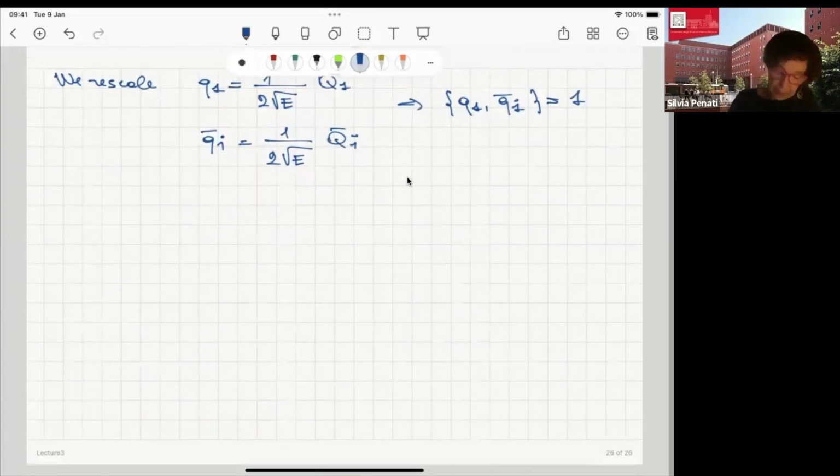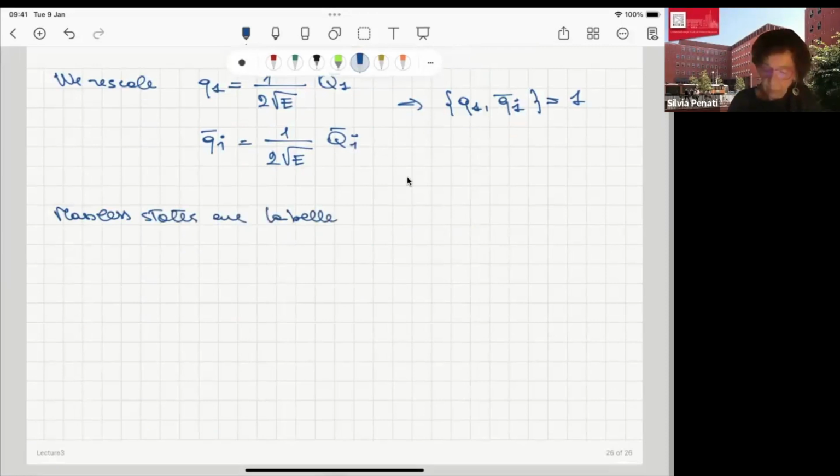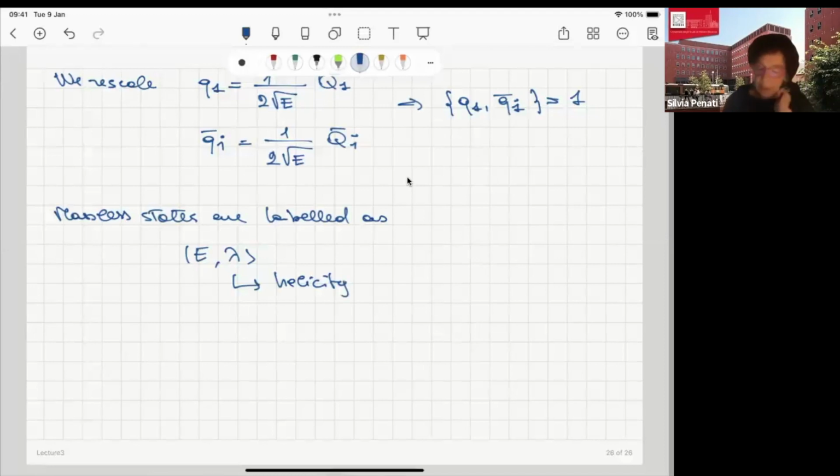Okay, so massless states are labeled as E lambda, where E, as I said, is the energy and lambda is the helicity, which is nothing but the eigenvalue of the helicity operator.